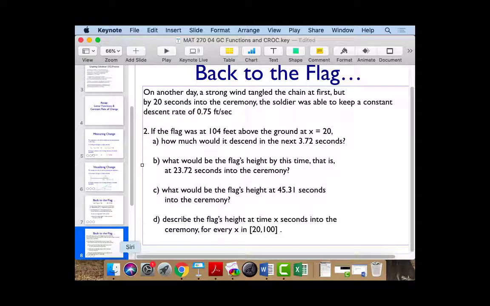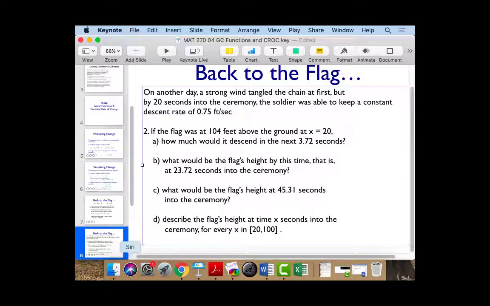Our initial height of 104, and then minus 0.75 times the amount of time that's passed, 25.31.